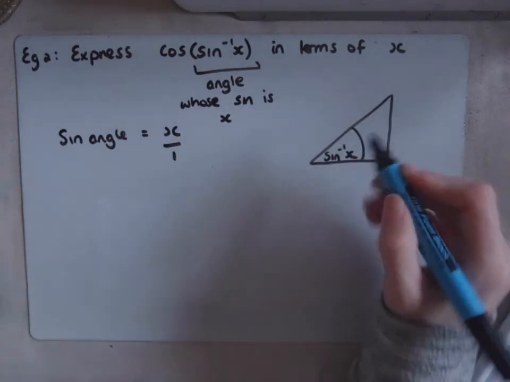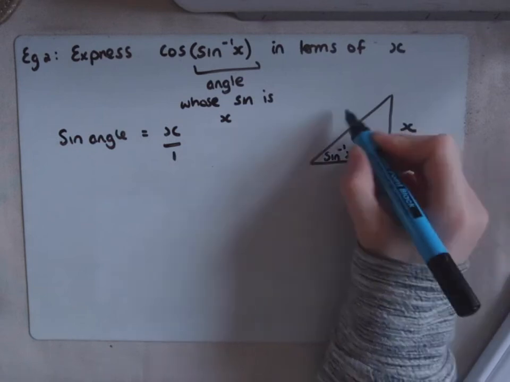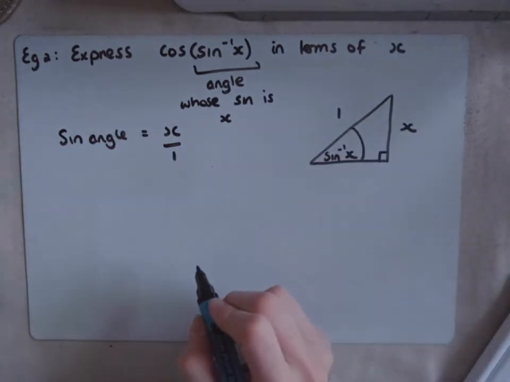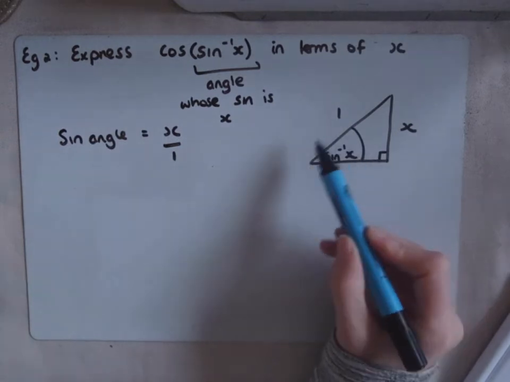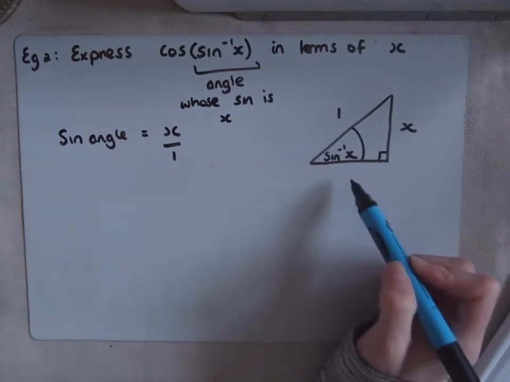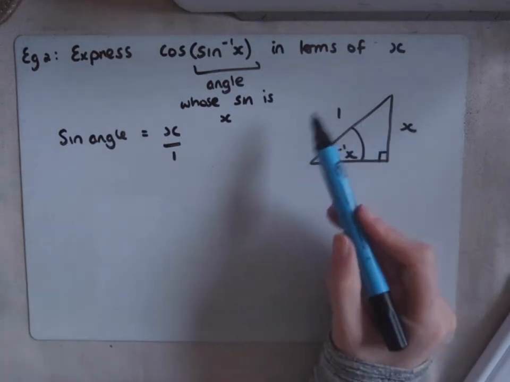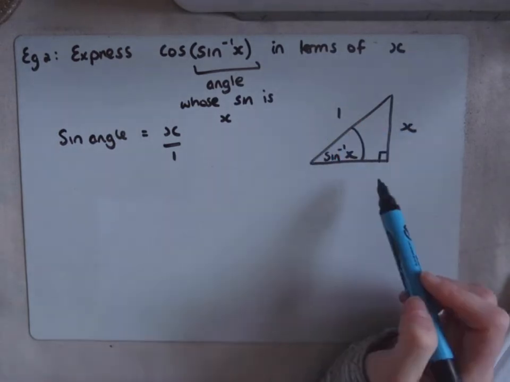Okay, so opposite is x, hypotenuse is 1. Now, I'm interested in cos of this angle. For cos of the angle, I need the adjacent. Okay, how am I going to get the adjacent using this triangle here?